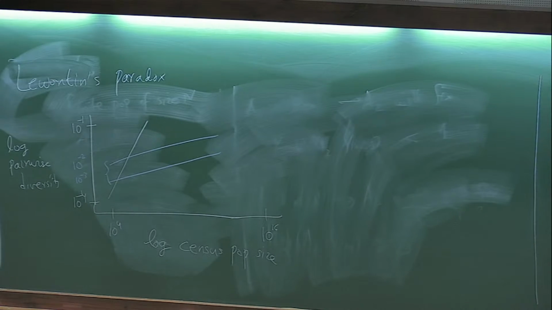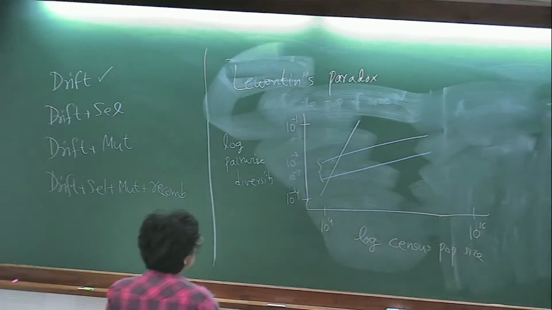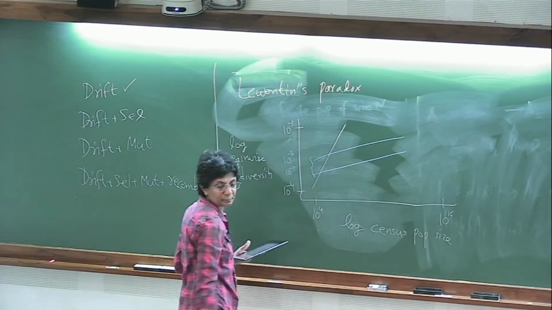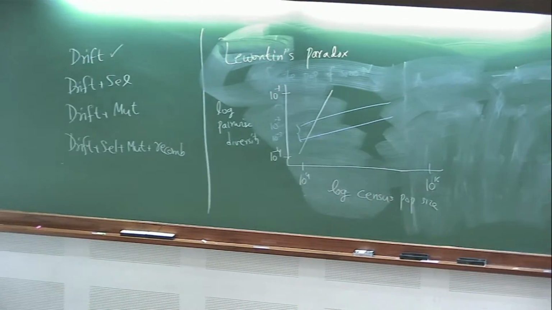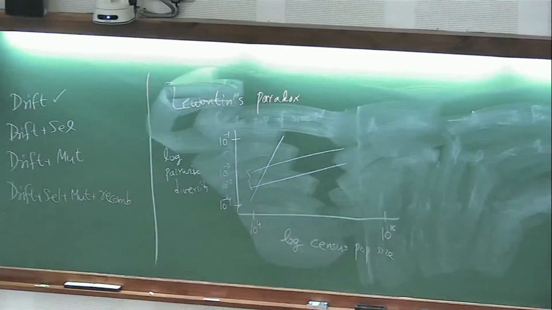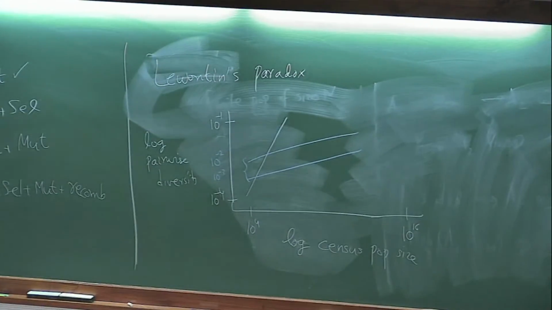Your census population size spans 12 orders of magnitude, and the pairwise diversity across all kinds of organisms is just 1 order of magnitude. Kimura's neutral prediction would have told you it should increase as the census population size increases. So therefore, the question is why?